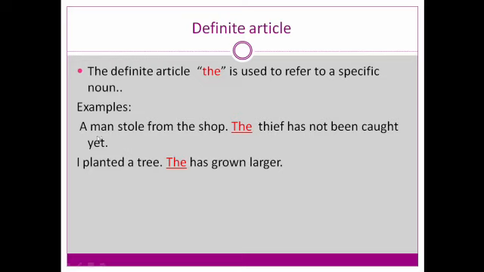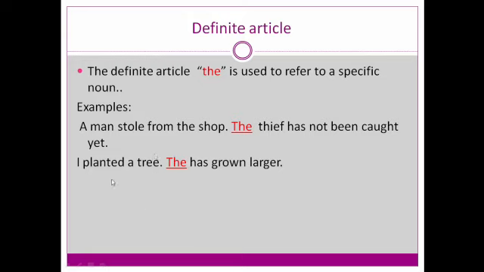We are pointing out the same person, so the noun is definite, specific, that particular person. So we are using the. A thief stole from the shop. The thief has not been caught yet.